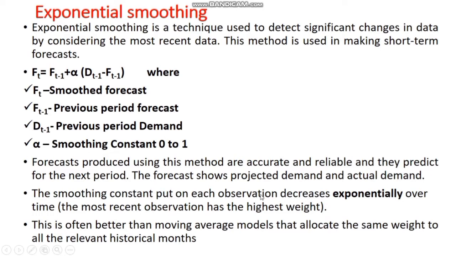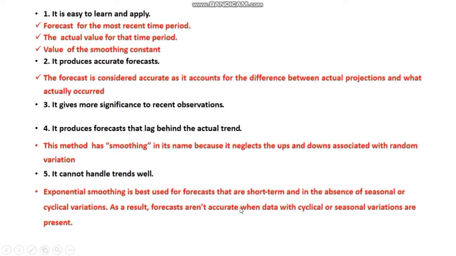The weight of observations decreases exponentially, and the most recent observation has the highest weight. The positives are that it is easy to calculate and accurate for a one-period forecast. But the problem is that it does not consider the trend, so any seasonal and cyclical variation in the demand pattern will not be captured and will give more error. That is the limitation of exponential smoothing.